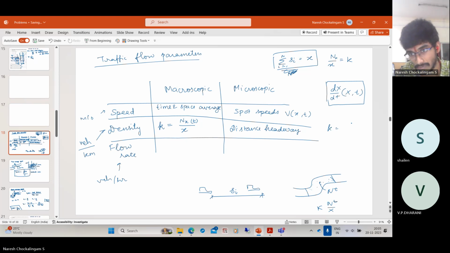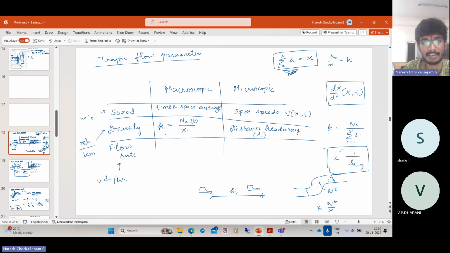Further, x can be written as the summation of si from i equal to 1 to n. So this is nothing but 1 by the average spacing. This is the relationship between the distance headway si and the density. This is something that depends on time.